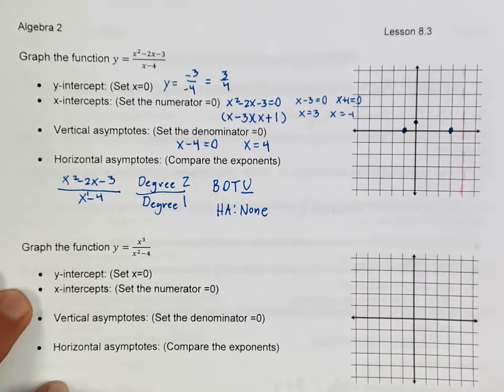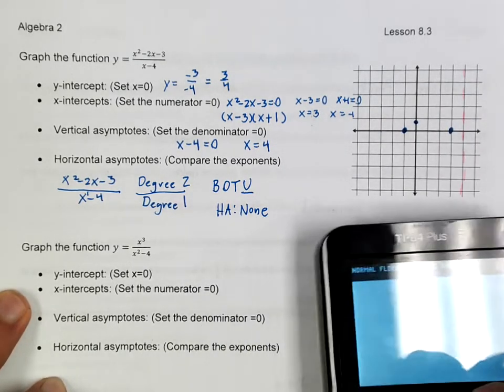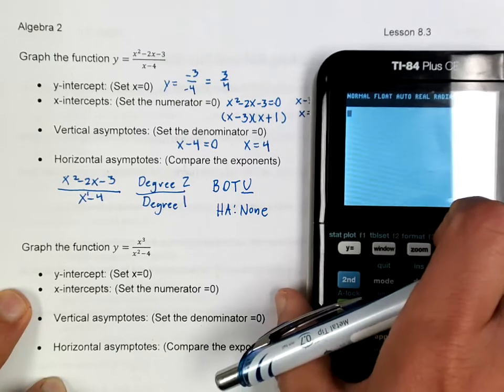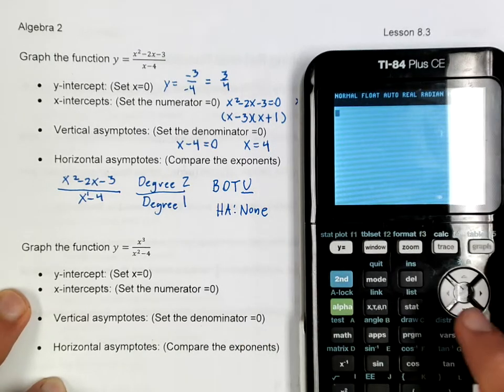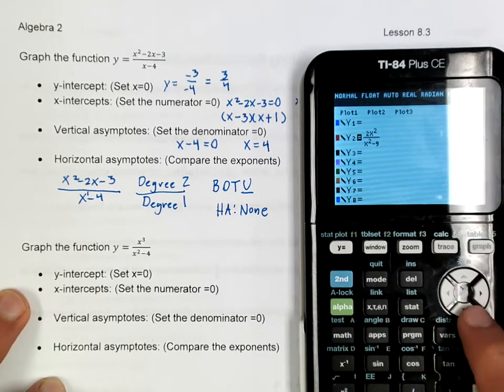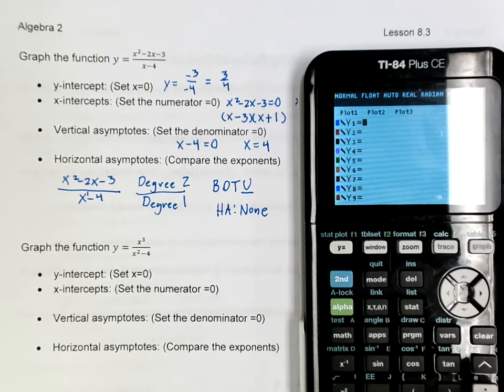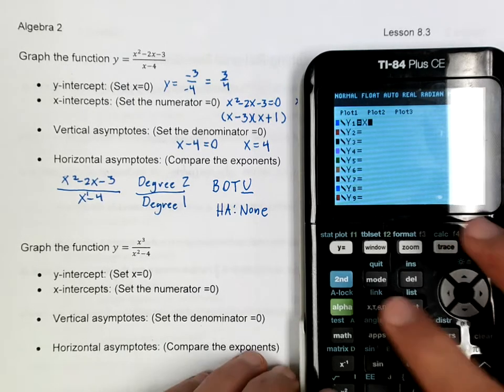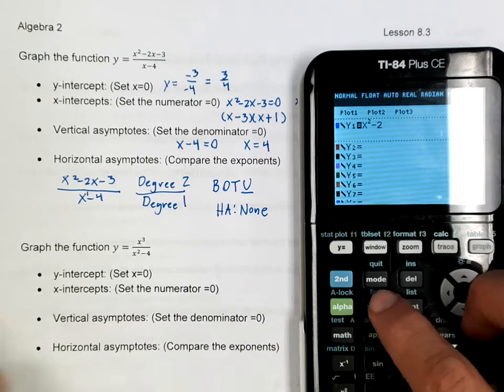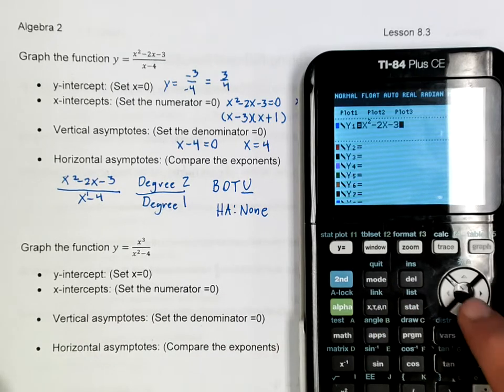There might be a slanted one, and we might be able to see it when we graph this. Alright, so we're going to move this over here so you can see it. I'm going to quickly type this in. Okay, so let's see, we got x squared minus 2x minus 3.